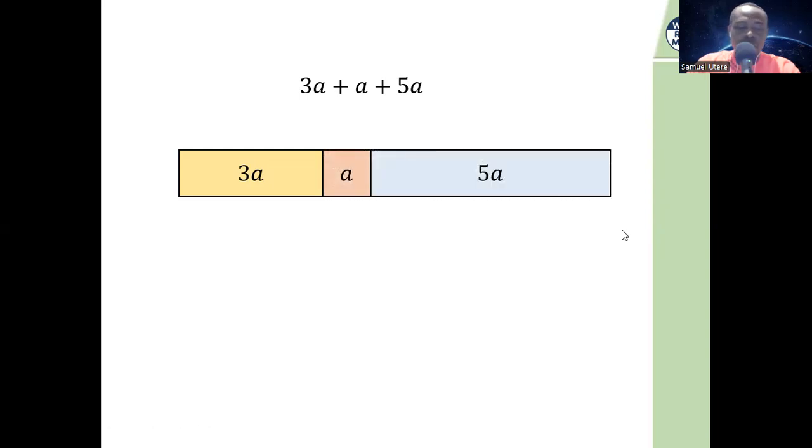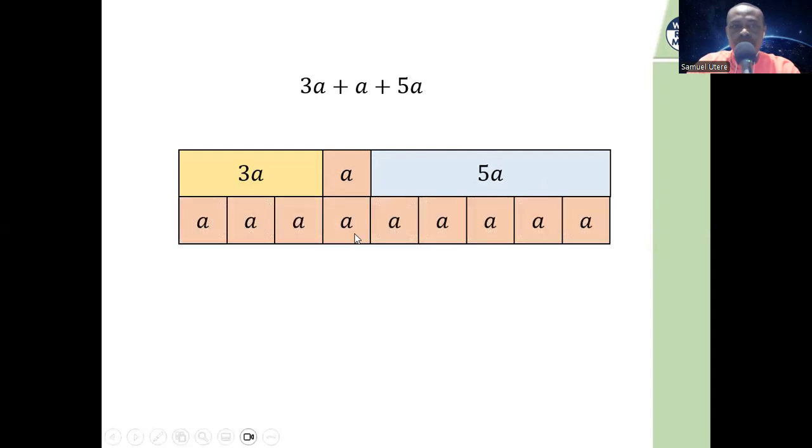Now remember from our very early lessons, 3a is 3 lots of a, and 5a is 5 lots of a. So when we simplify this expression, that is the word we use, we are going to get 9a.